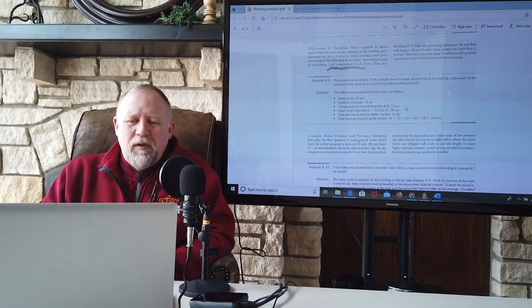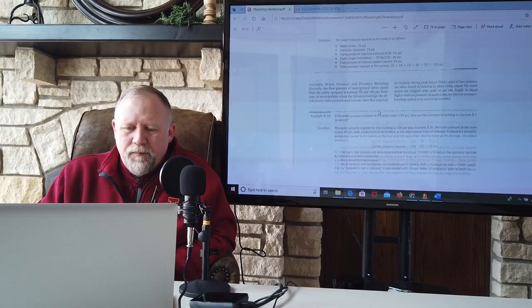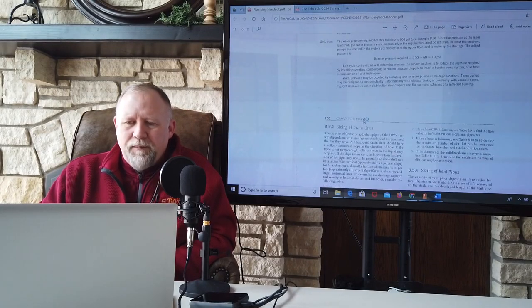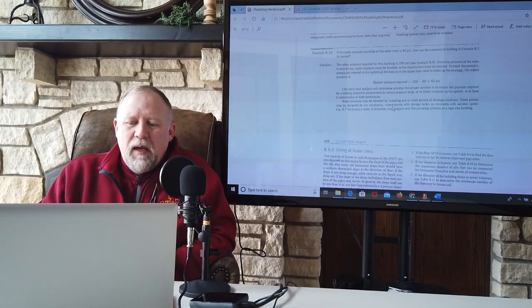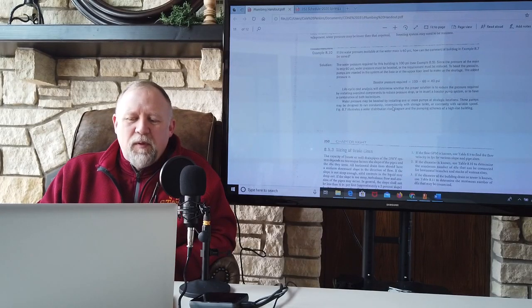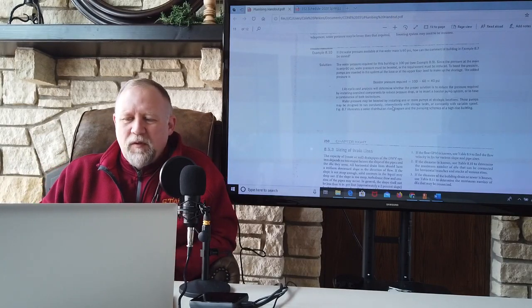Do it the way I showed you, where we just have a 10 psi allowance for that internal, and then we do calculate the external pressure loss for the service into the building. All right. So for that example, if you add up all of those, they're 40 psi short. What that means is that we would have to use a booster pump to make up the difference between what is available versus what is needed.